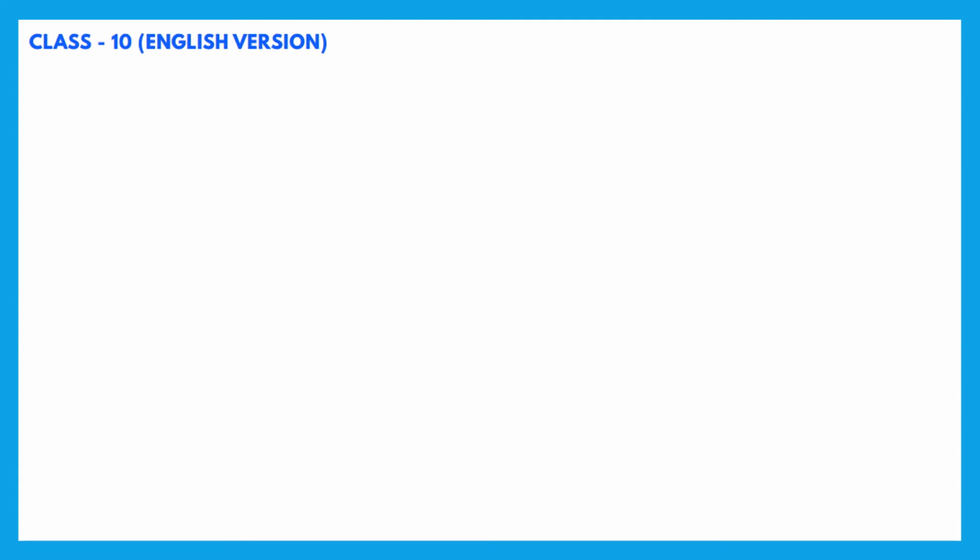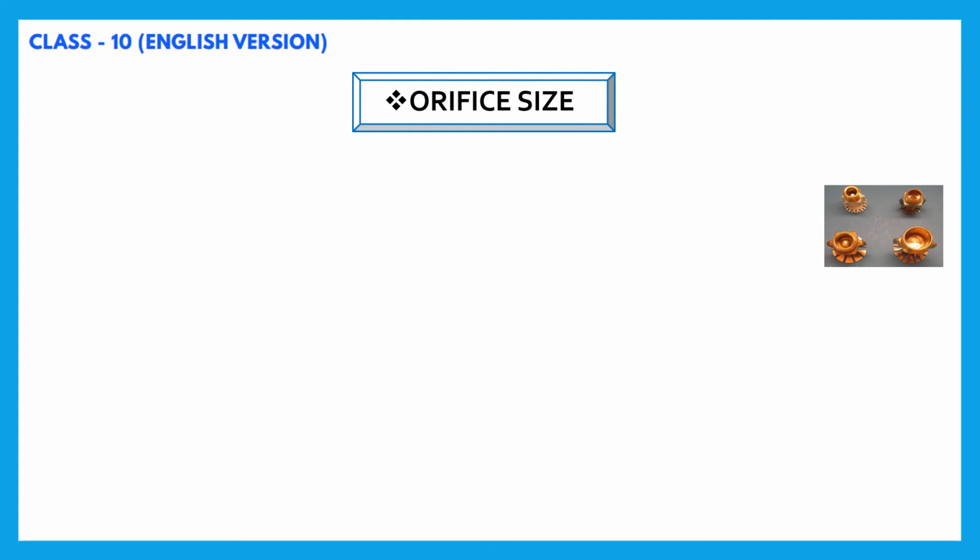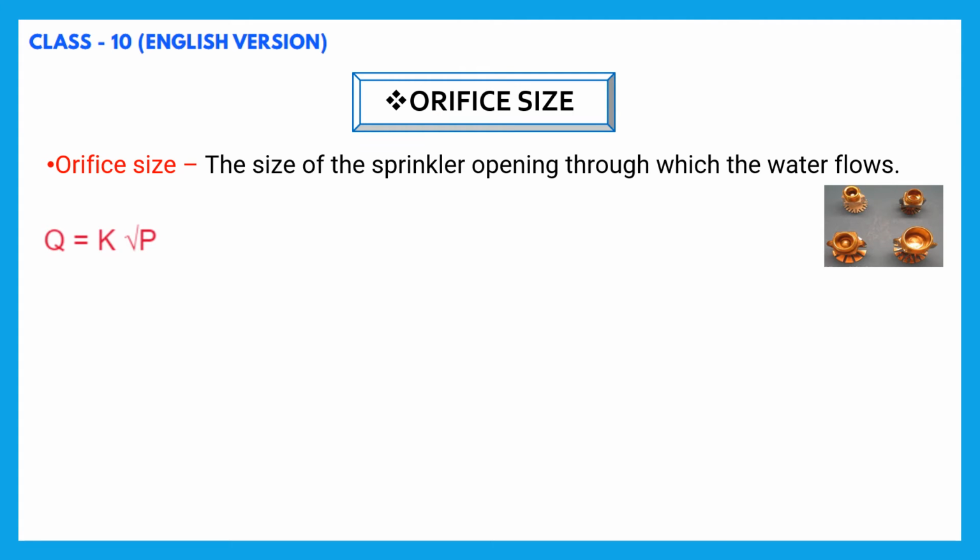Now let's go through the next characteristic of a sprinkler, that is orifice size. Orifice size is the size of the sprinkler opening through which the water flows. We have a formula in order to calculate the flow from one sprinkler.